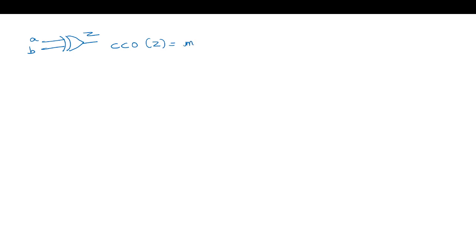So minimum effort: the first is combinational controllability 0 of A plus combinational controllability 0 of B, or CC1 of A plus CC1 of B, the minimum between them, plus 1.